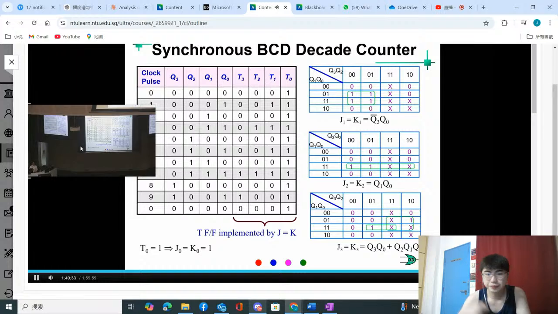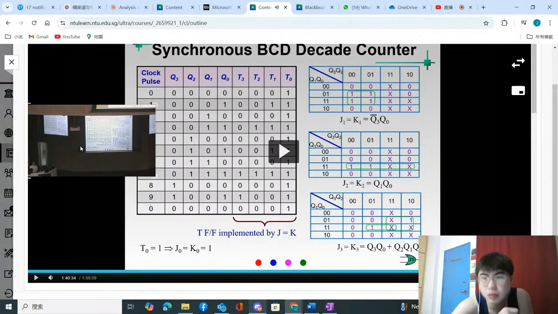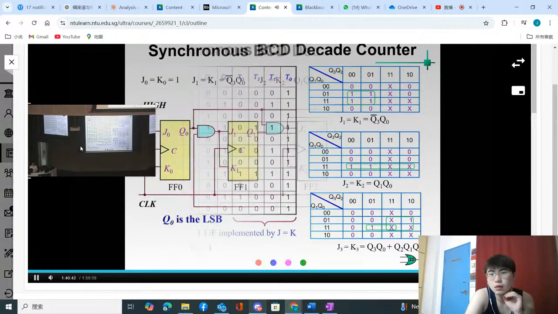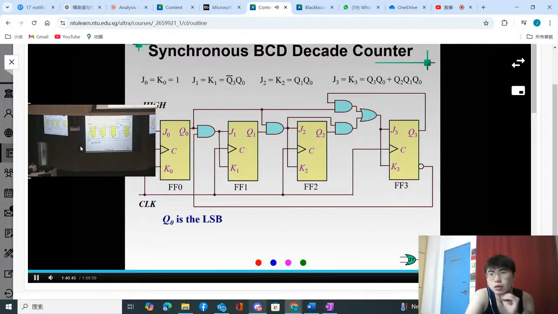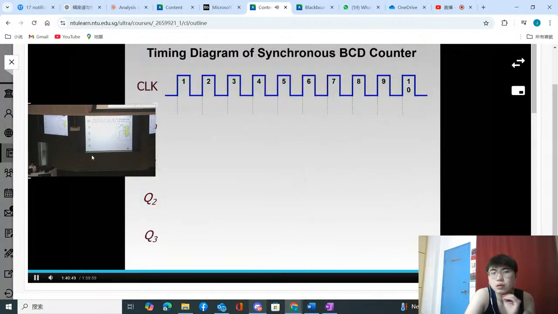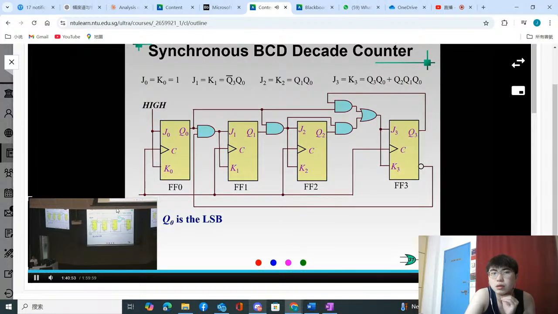After you have this Boolean equation for the inputs to the flip-flops, very good, it's a circuit. So you draw the circuit. And looking at this circuit, okay, let me continue. Q0 is the least significant bit.